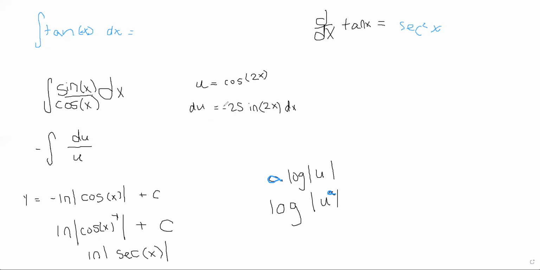So then we have to take care of this negative 2 there. We're going to have to divide both sides by negative 2. And then what we get is negative 1/2 times du equals sine of 2x dx. Oh, I forgot to update the original function.